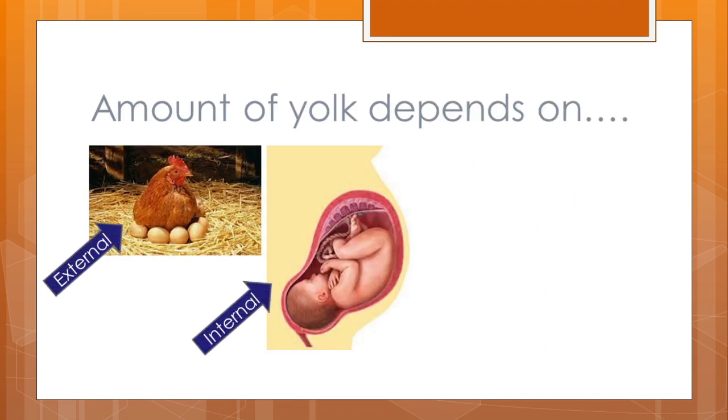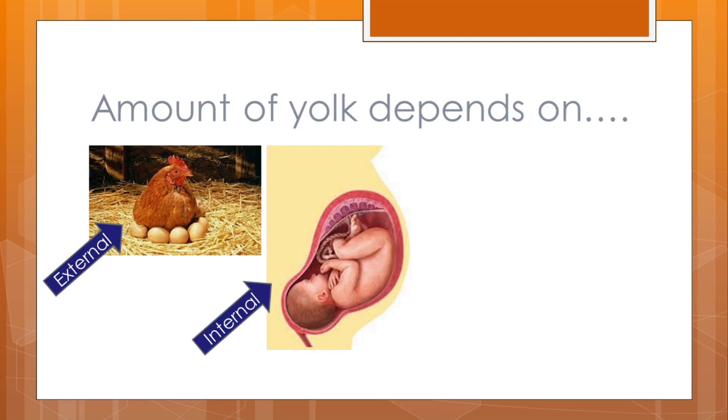The amount of yolk that is stored in the egg cytoplasm depends on whether the development of the embryo takes place externally or internally. In the case of external development, the egg has to store a large amount of nutrients in the form of yolk in the egg cytoplasm.